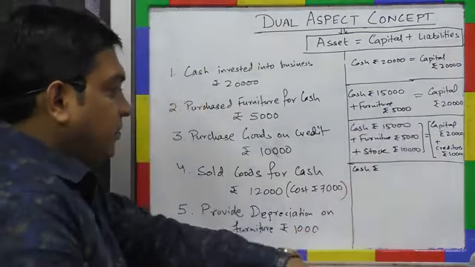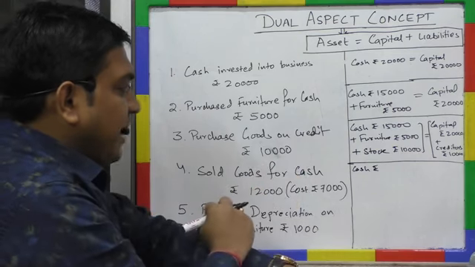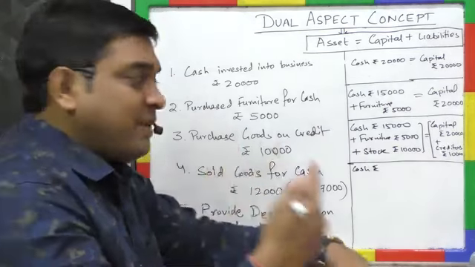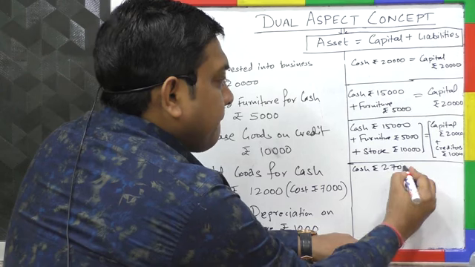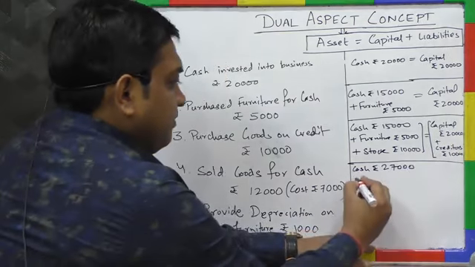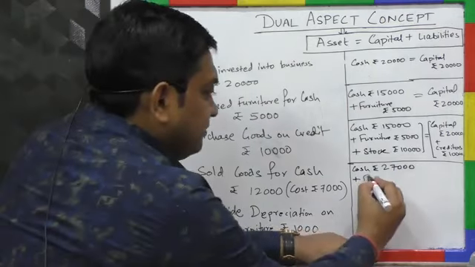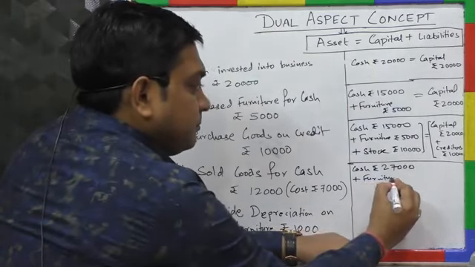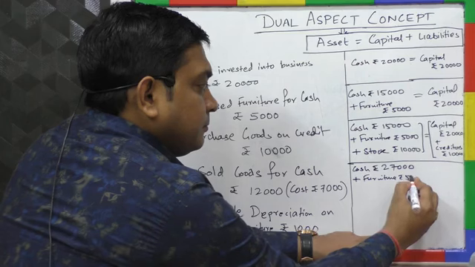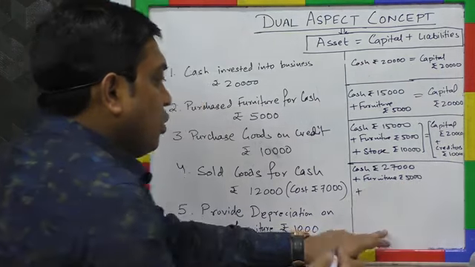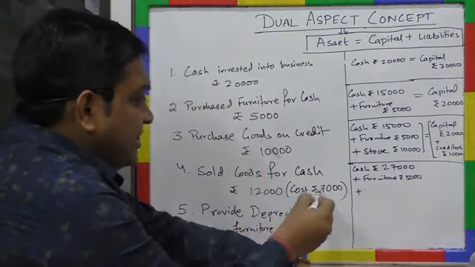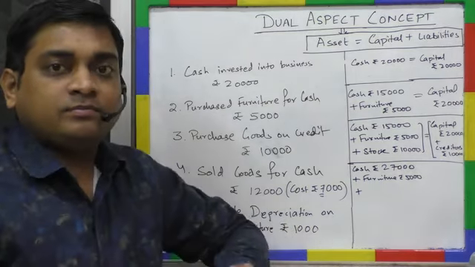Cash was already 15,000. Now it has increased by 12,000. So the new cash balance will be 27,000, plus furniture is the same, 5,000, plus stock will decrease by 7,000.